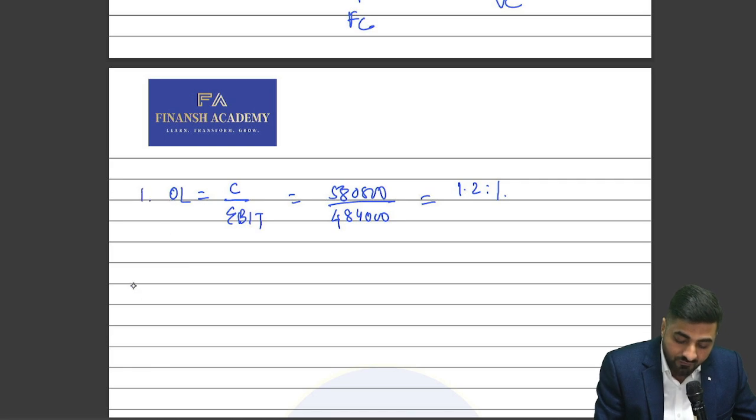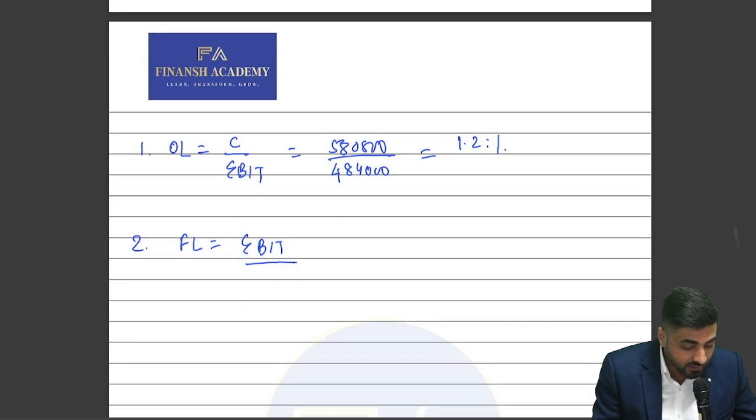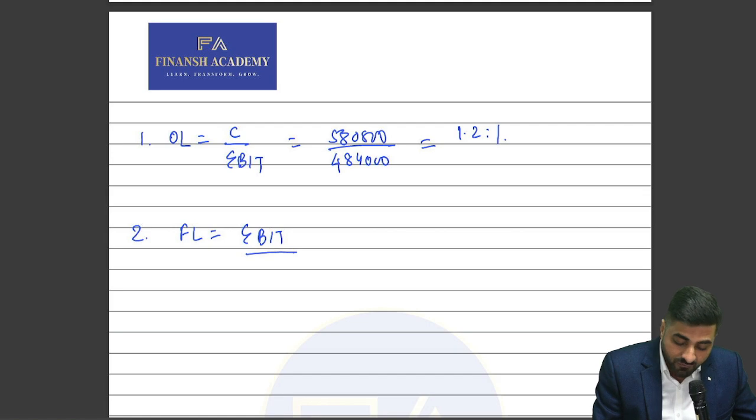FL. Now, for FL, there is a possibility that you all must have made a mistake. Is there any preference dividend in the question? We are going to use a bigger formula: EBIT upon EBIT minus preference dividend upon 1 minus tax. The formula we are going to use.